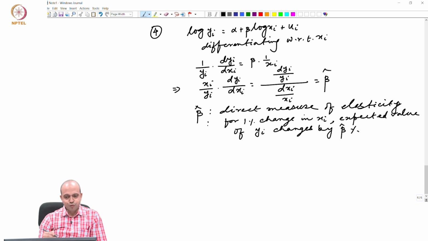That means beta hat indicates for 1% change in xi, expected value of yi changes by beta hat percentage. We do not have to do anything, it is a direct elasticity measure. So, we will get direct percentage change in yi for 1% change in xi. This is the log-log model interpretation.